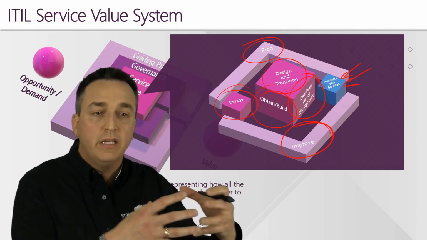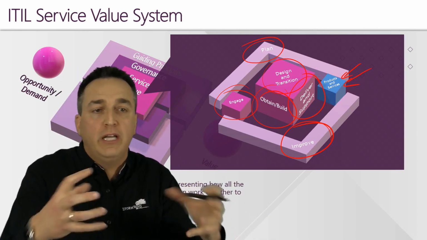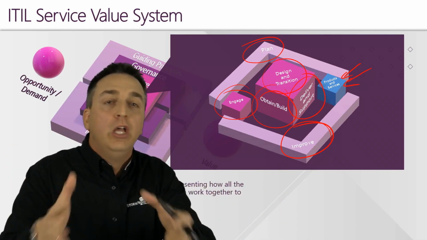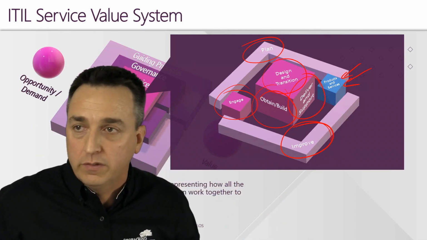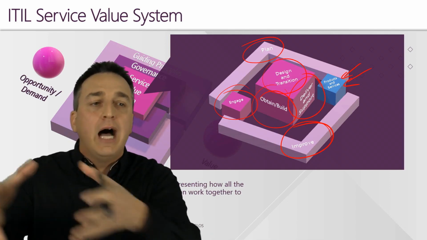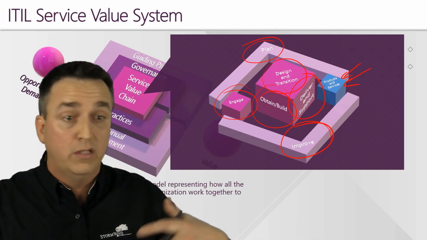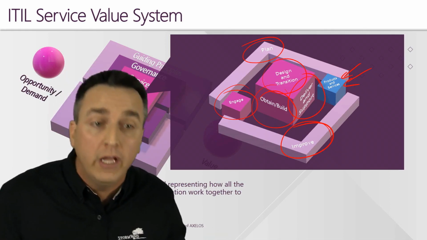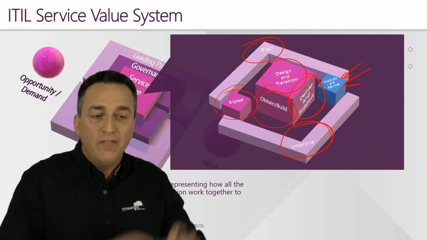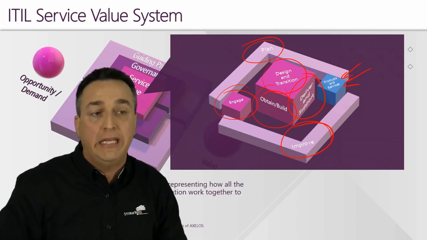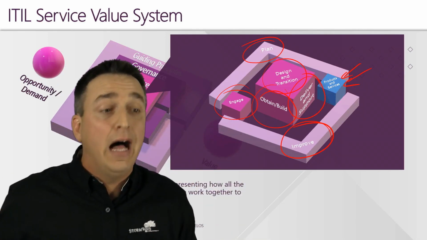And with these activities, what do you get to do with them? You get to interconnect them together in any way, shape, or form you need to accomplish your objectives of delivering those IT services. Whether it's the creation of them, the delivery of them, the continued improvement of them, the supporting of them, whatever it is. You have an infinite number now of sequenced variants that you can create. And we call these things value streams.